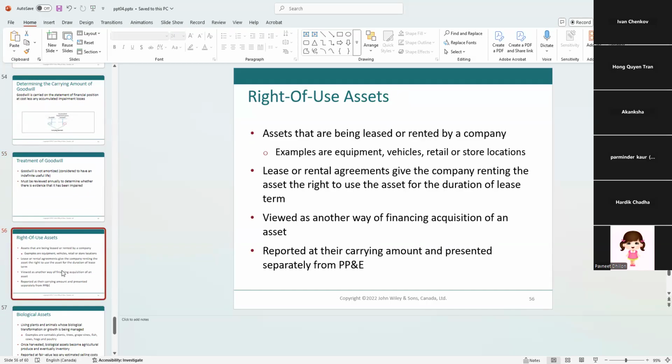Right of use assets. Right of use assets, those are, again, assets which are used by the company, controlled by the company. The company is allowed to generate revenue from those assets, but they don't belong to the company.